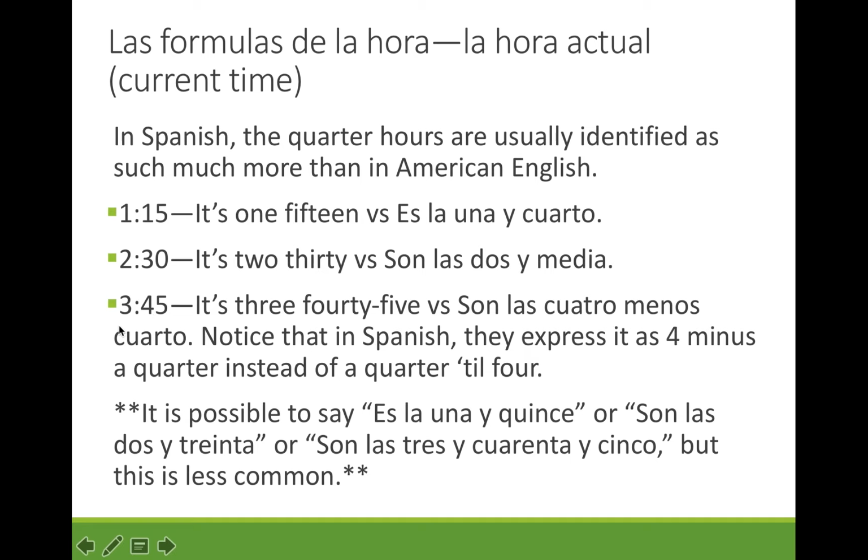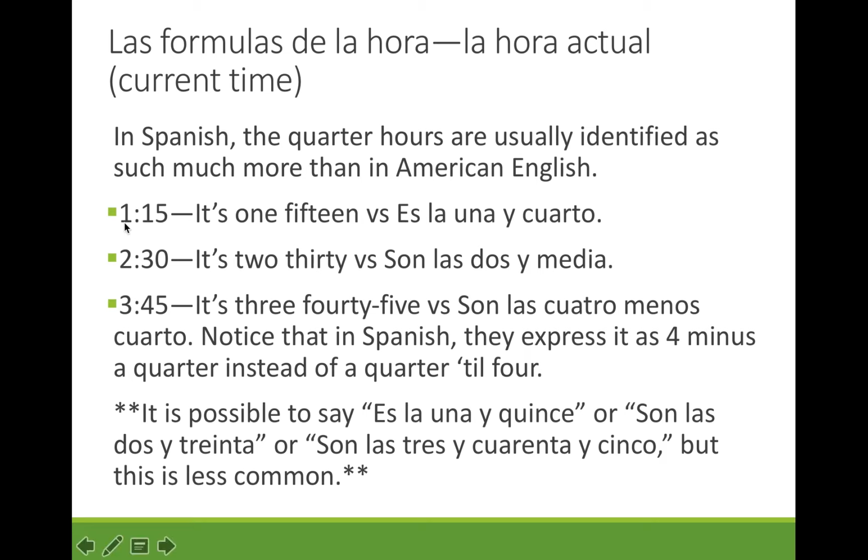We say it's 4:45 in English. In Spanish, they go in the reverse. It's 4 minus 1/4, okay? So, son las 4 menos, minus, cuarto, okay? Also be careful that cuatro and cuarto sound different because the placement of that R moves it. So be careful with that.